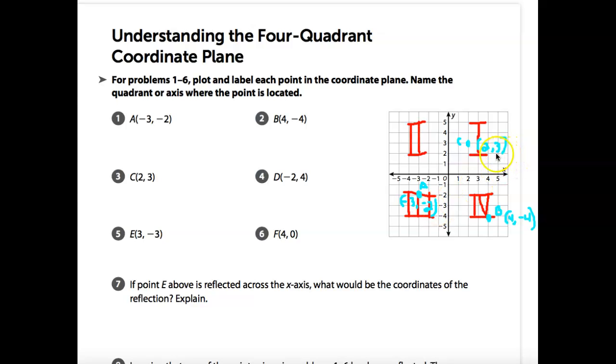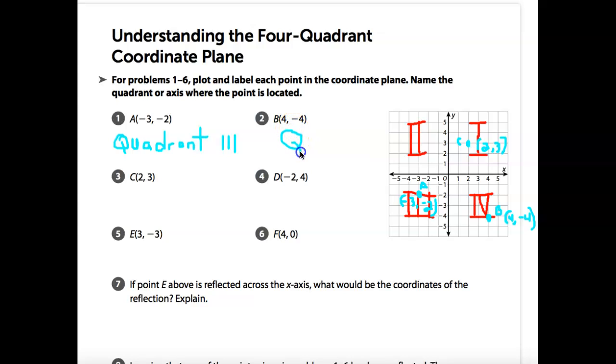And then we just have to look here, -3, -2. This is quadrant 3. So we go up here and we can write quadrant 3. 1, 2, 3. Okay. And then B, you just have to go and look, and it's in quadrant 4.